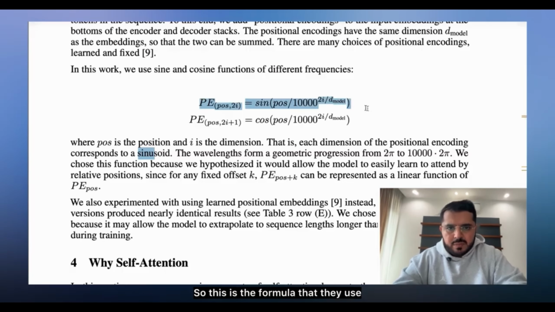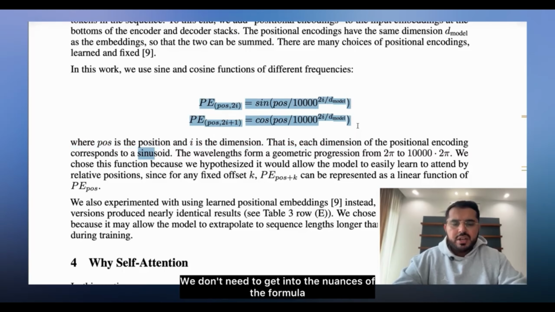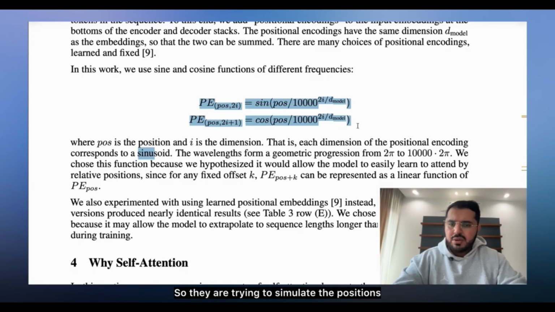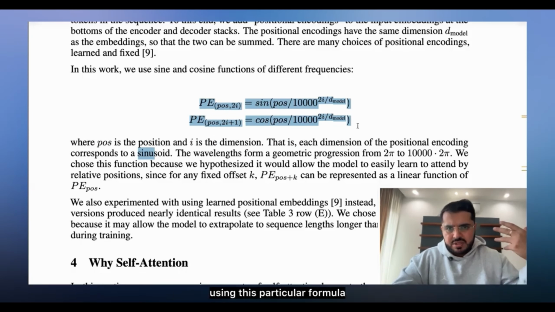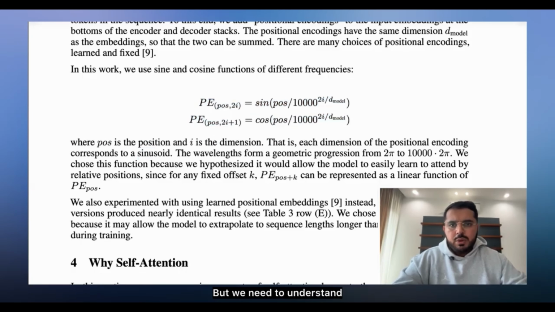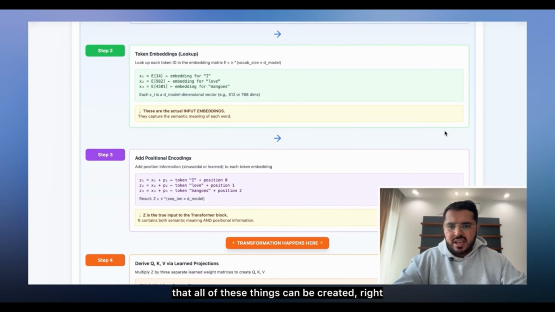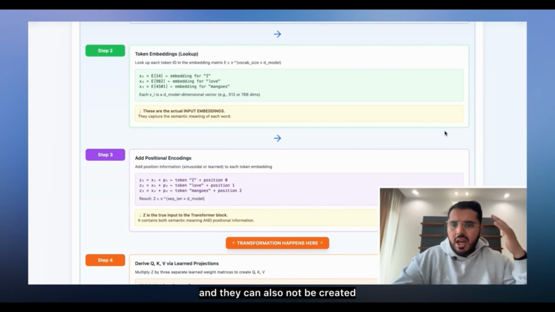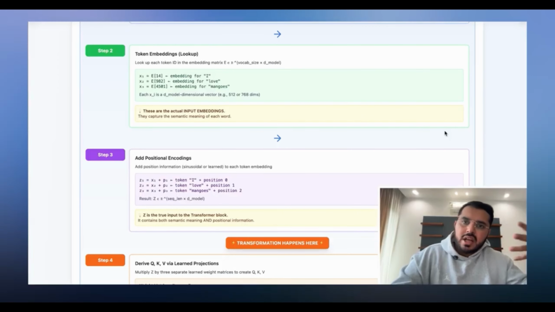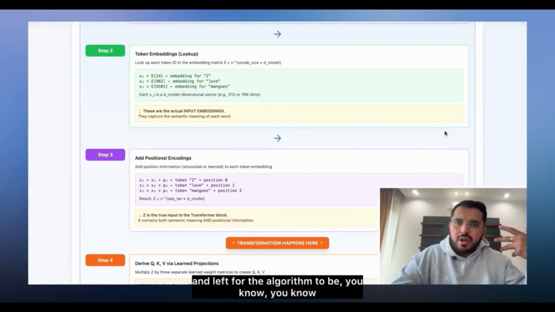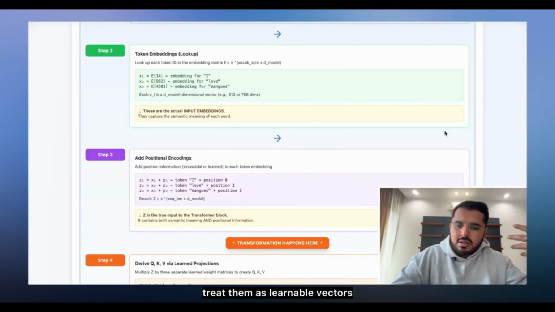So this is the formula that they use. We don't need to get into the nuances of the formula. They are trying to simulate the positions using this particular formula, but we need to understand that all of these things can be created statically, or they can also be left for the algorithm to treat them as learnable vectors.